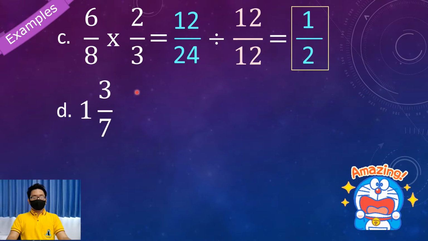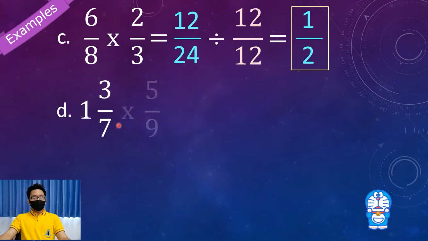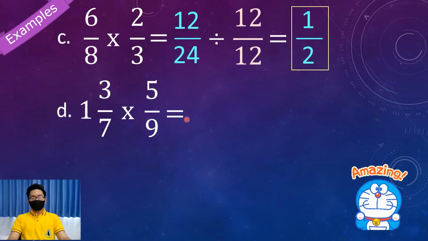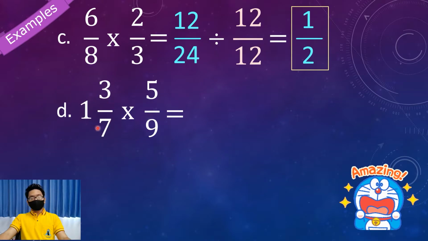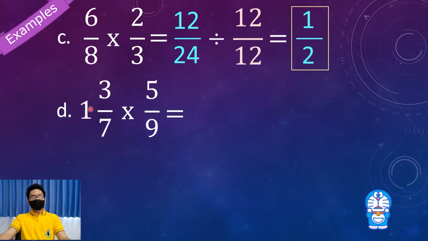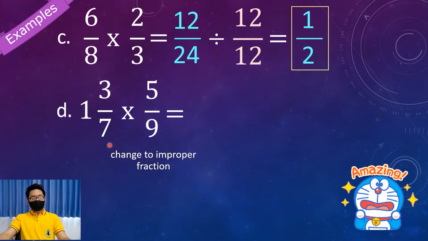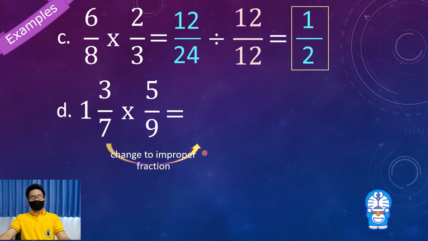Example letter D, 1 and 3/7 times 5/9 equals, now look, here we have a mixed fraction or mixed number. So what are we going to do first? Correct. Let's change 1 and 3/7 to an improper fraction.